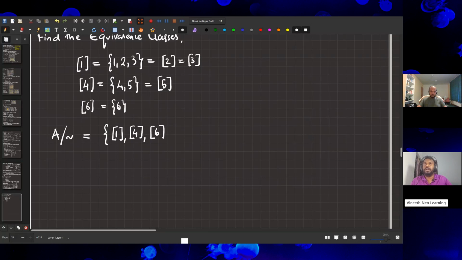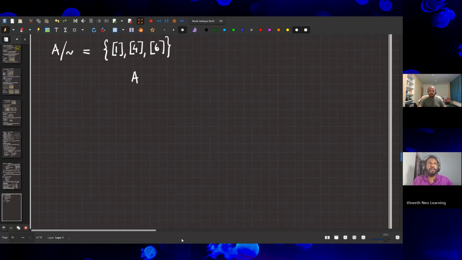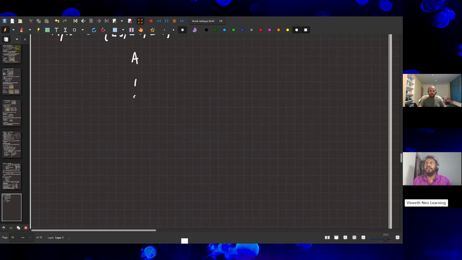Now you should really look into it very carefully. I am going to decompose this map. Meaning, let's first look at the set A here. We have 1, 2, 3, 4, 5, and 6.